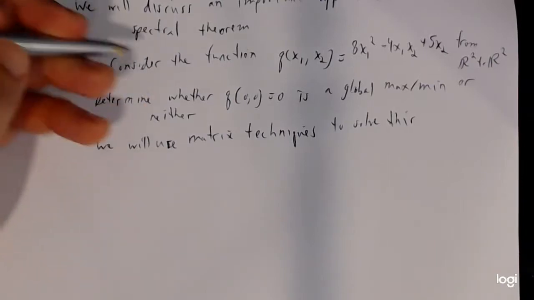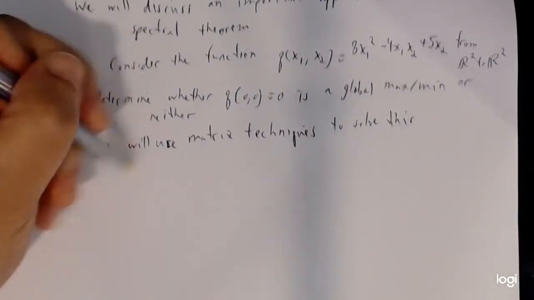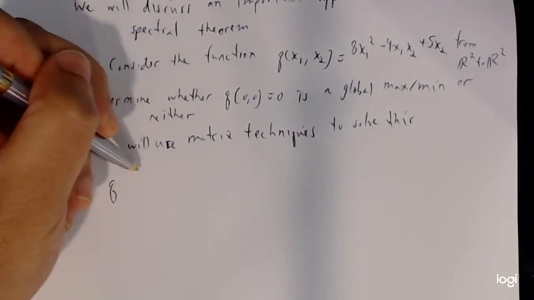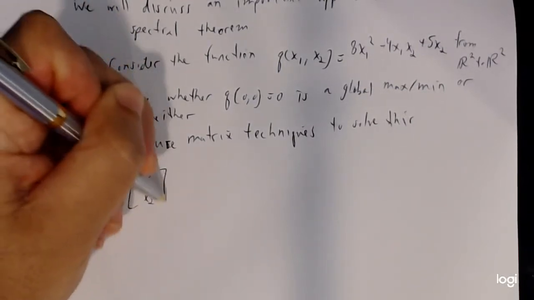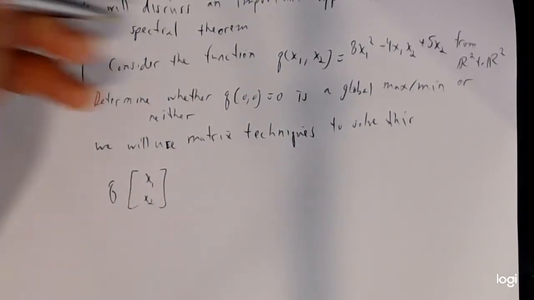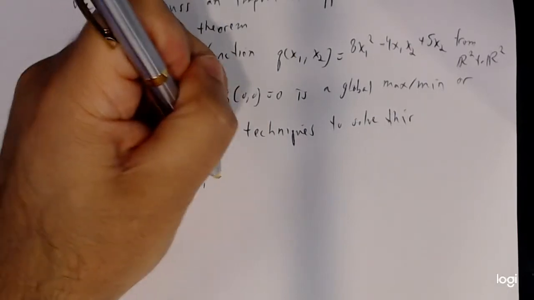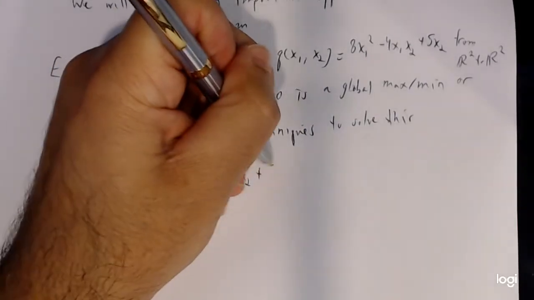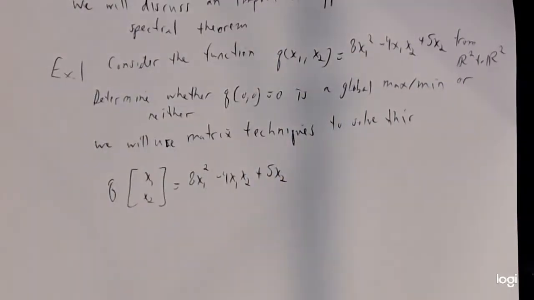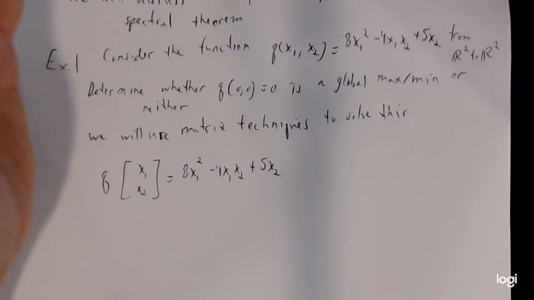Let's grab q and redefine it in terms of vectors. We'll say q of the vector x sub 1, x sub 2 results in this equation, and now the question is, how could I break this up in terms of matrices? Well, let's take it one step at a time.